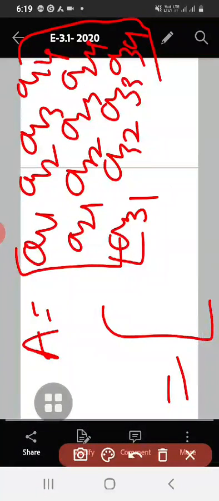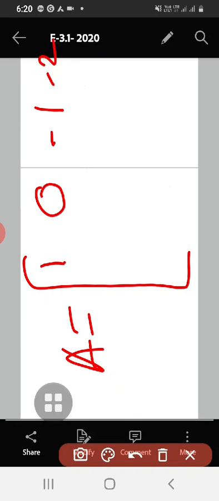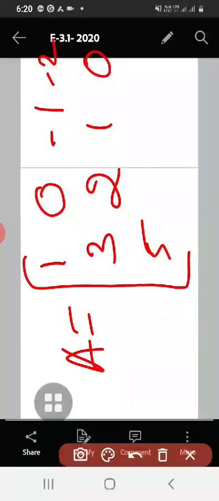I can put all the elements here. The first row is minus 1, minus 2, 3, 2, 1, 0, 5, 4, 3.